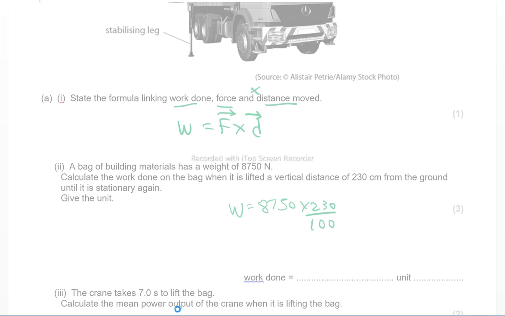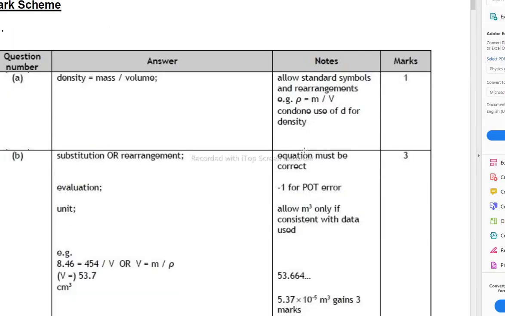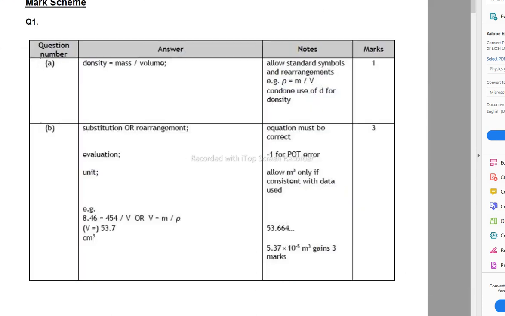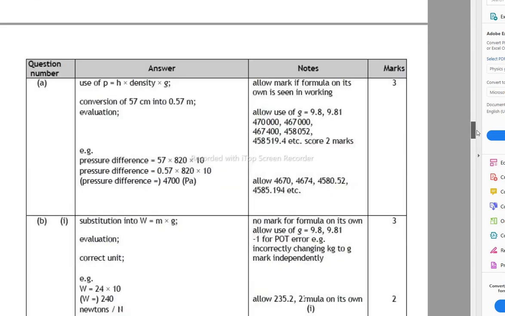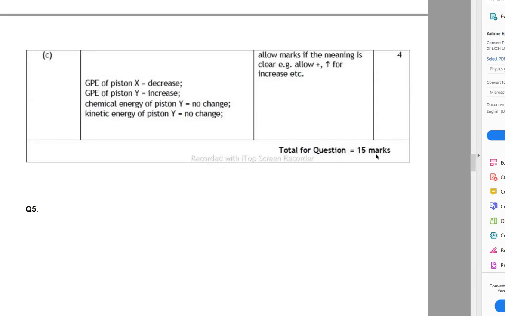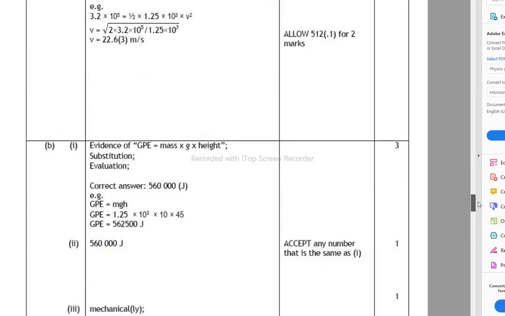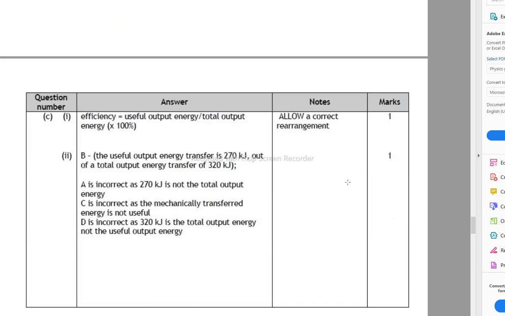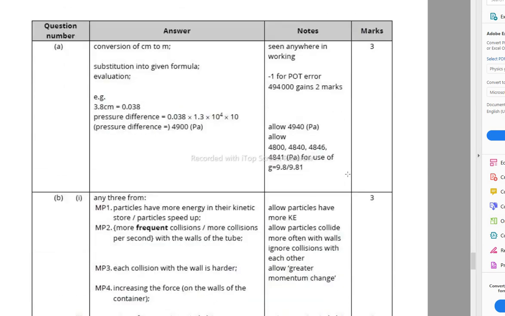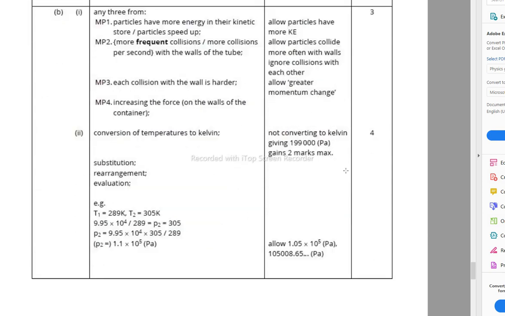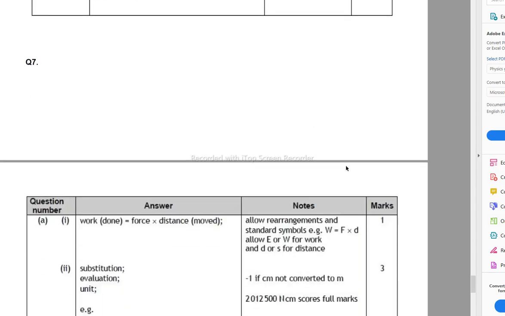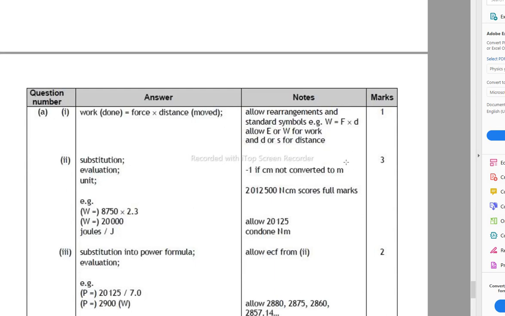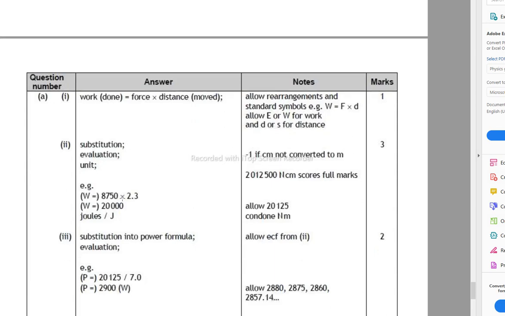So the marking scheme shows us the answer also. Check the marking scheme also. So check the marking scheme. It's 50 multiplied by 2.3.